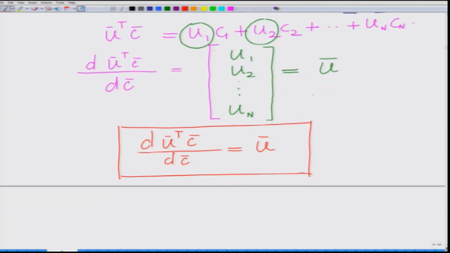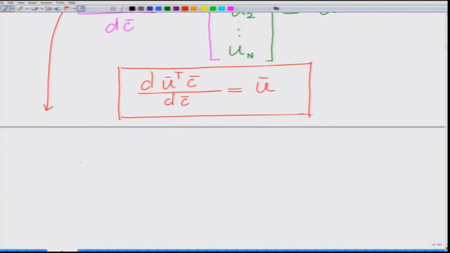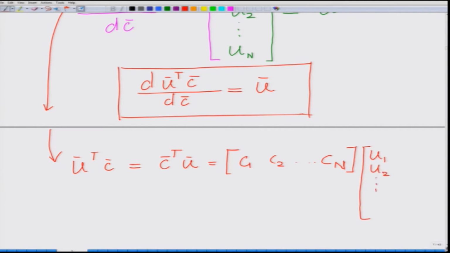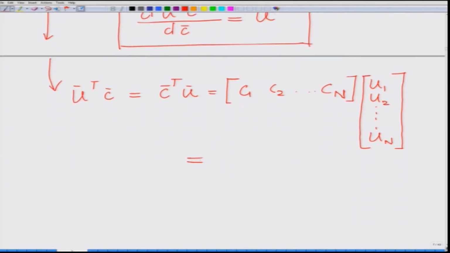Now, of course, you will also see that u bar transpose C bar is also equal to C bar transpose u bar, which is basically your row vector C 1, C 2, C n times the column vector u 1, u 2, u n, and this is therefore equal to C 1 u 1 plus C 2 u 2 plus C n u n.